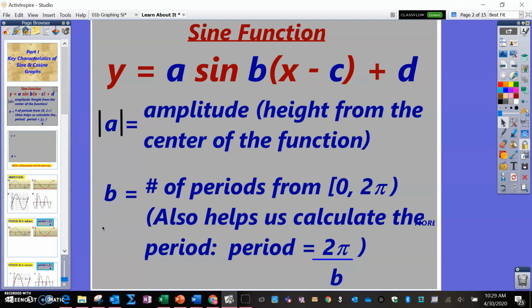This helps you calculate the actual period, which is the formula that you see there. Period equals 2 pi divided by b. So b is the number of periods, the period being one full cycle of the curve before it starts to repeat.